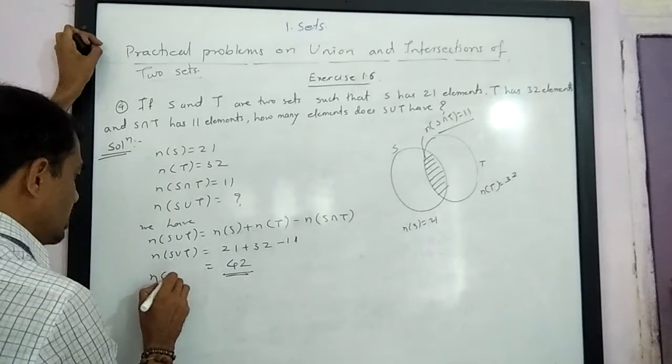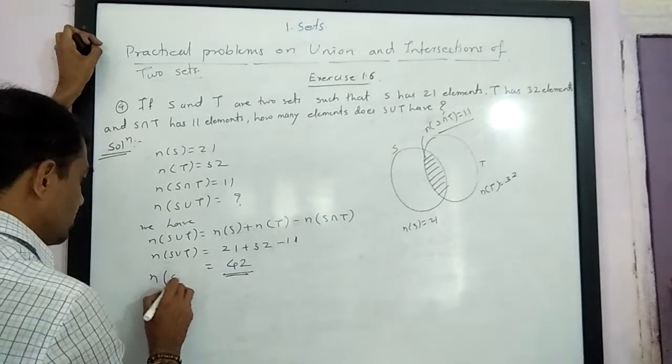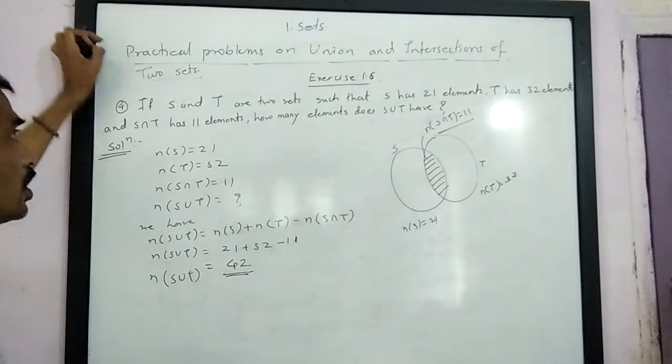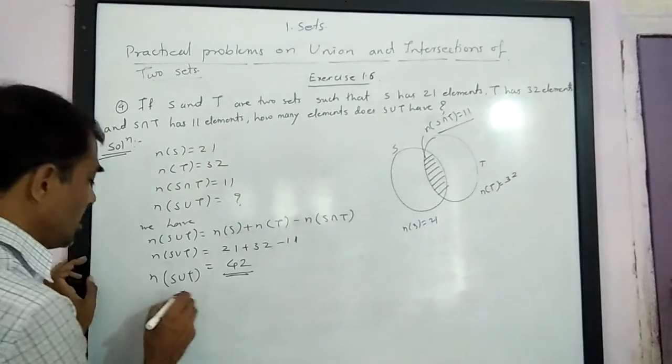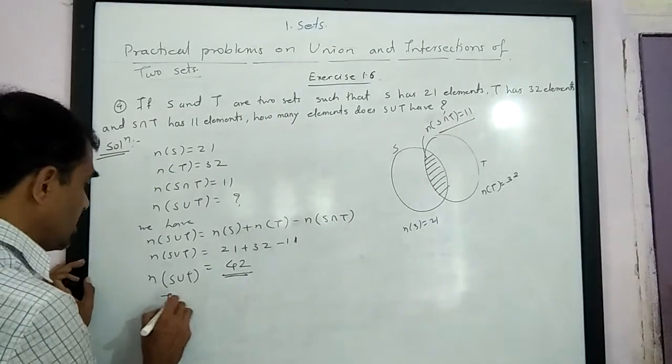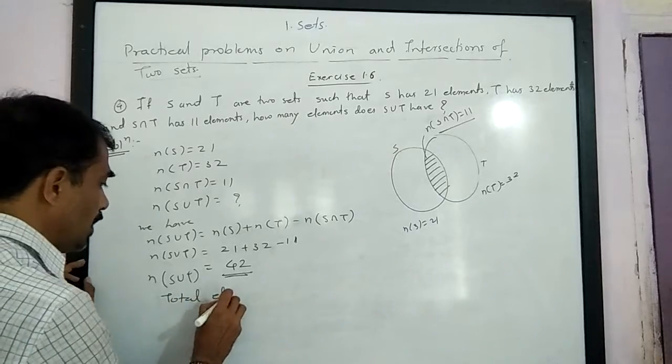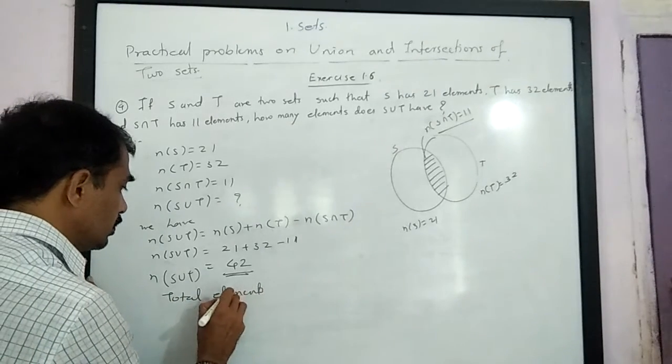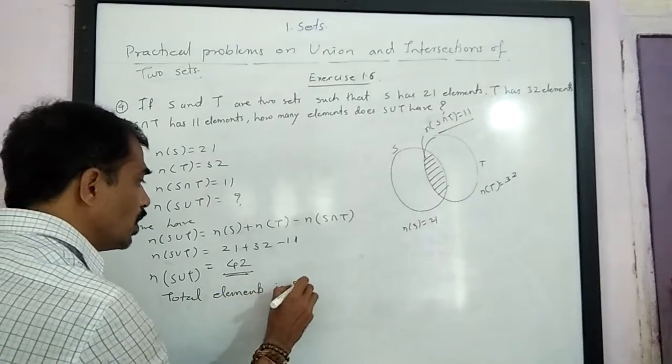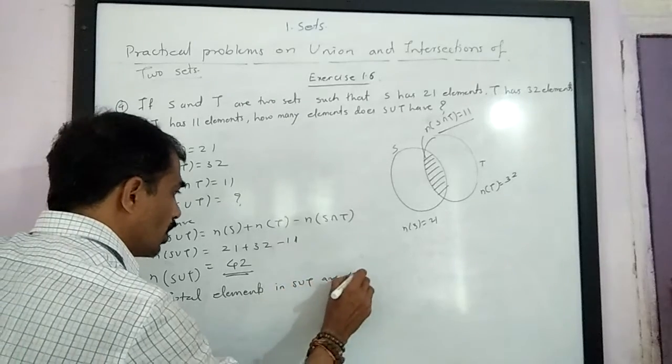So number of elements in S union T is 42. Thus total elements in S union T are 42.